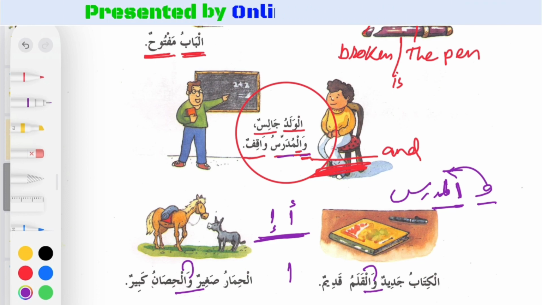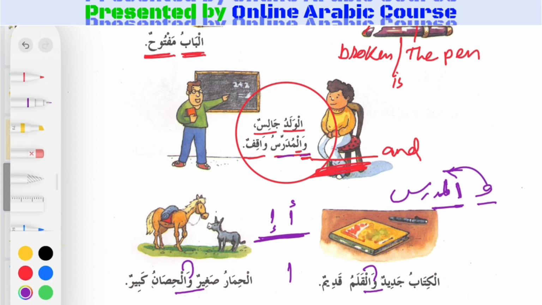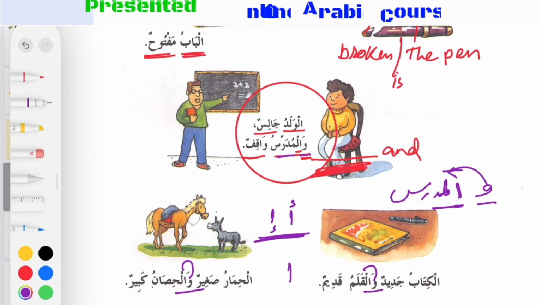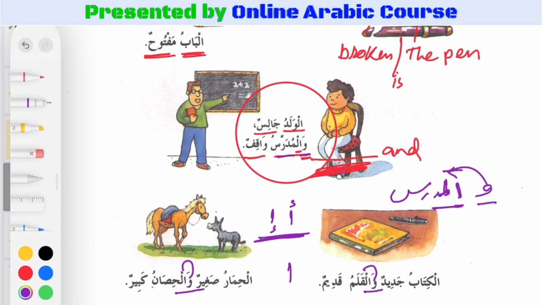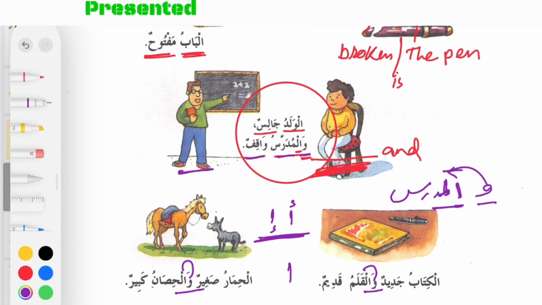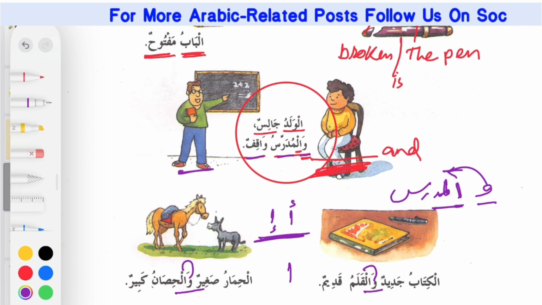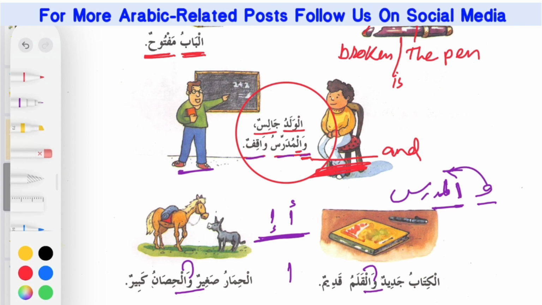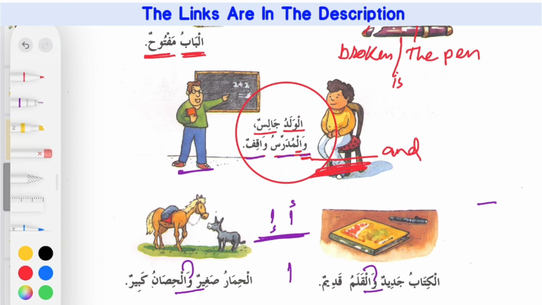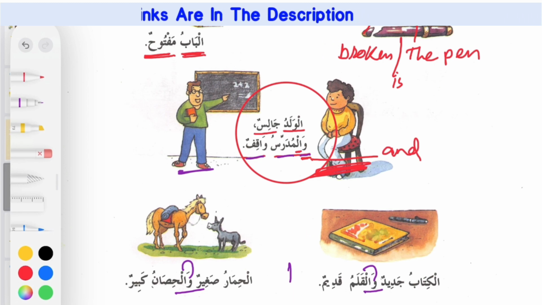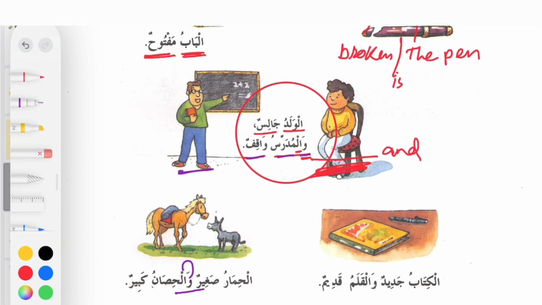Don't worry. Just be with me and listen carefully. So here we'll read wal mudarrisu, waw and then al mudarrisu. Wal mudarrisu waqifun. And the teacher is standing. Al waladu jalisun. The boy is sitting and the teacher is standing.